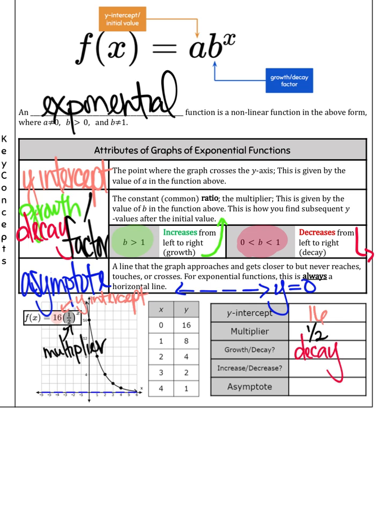When we look at our graph from left to right, it's going down, which means that it is decreasing. And our asymptote, at least in Algebra 1, is always going to be y is equal to 0.